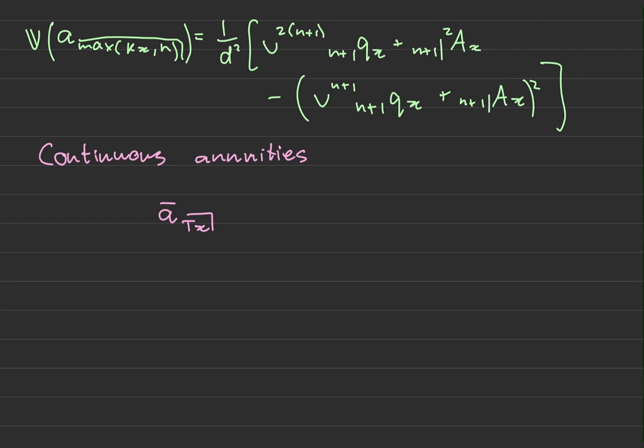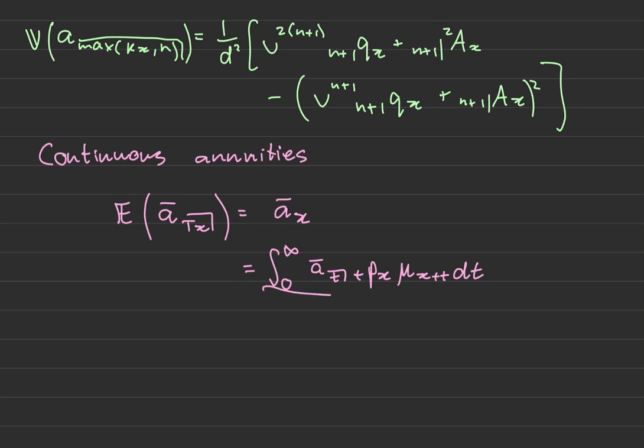Now if I want the expected present value, then I take the expectation of this present value random variable to get the EPV, the expected present value, and this in actuarial notation equals a bar x, and this equals the integral from 0 to infinity of a bar t, tpx mu x plus t dt. Okay, so I'll explain this in two ways. The first way is you get this by simply using the statistical properties for expectation.